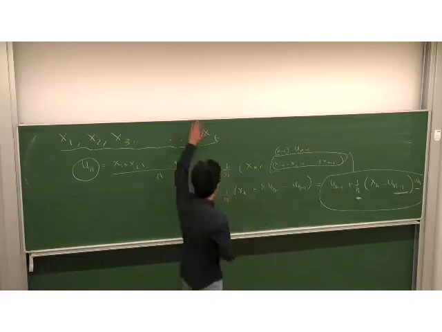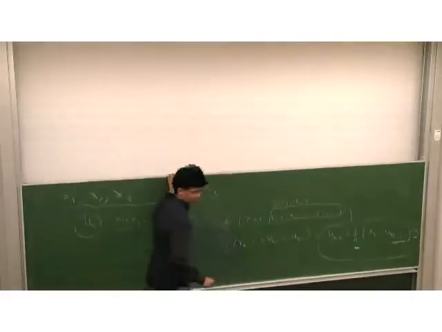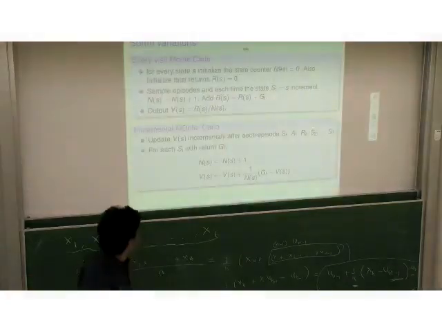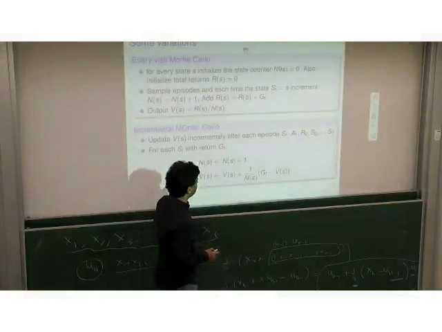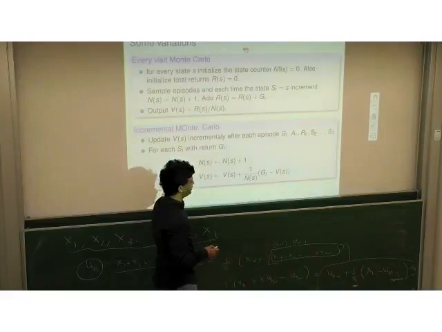So in this estimate that I have written for the Monte Carlo version, you actually can keep track of the n, how many times the state has been visited. Every time you visit the state, you increment that.